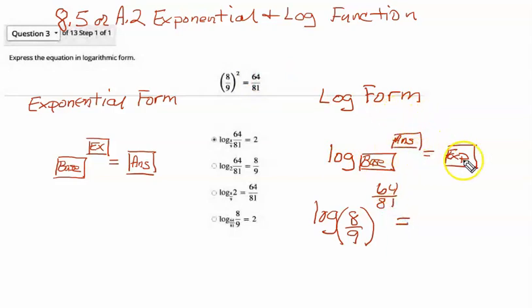And what is our exponent? Well, our exponent is 2. And we go to match this up. And it's a tad hard to see, but it's this first one. Now, they didn't put the base in parentheses, but I think that would be okay.